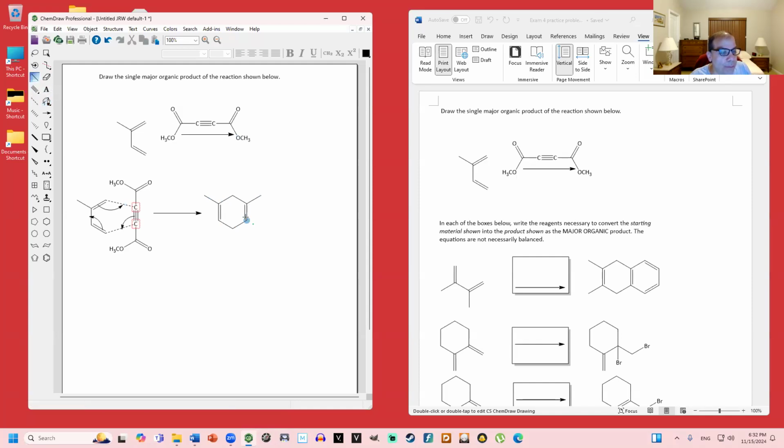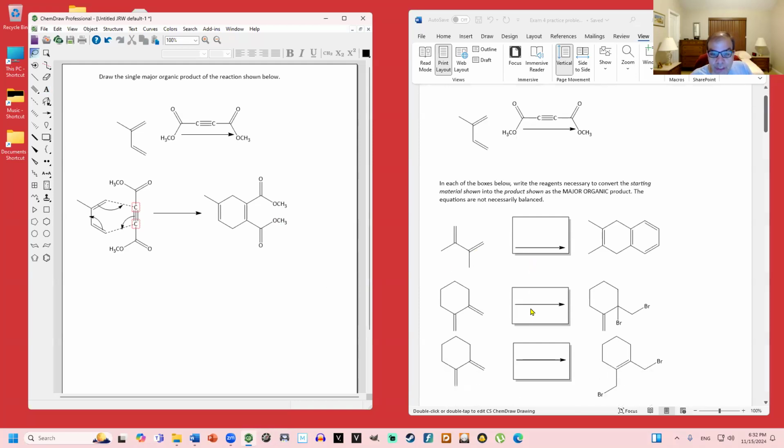And on those 2 carbons, we will simply have methyl ester groups. Just like this. And that would be the product that I would expect.